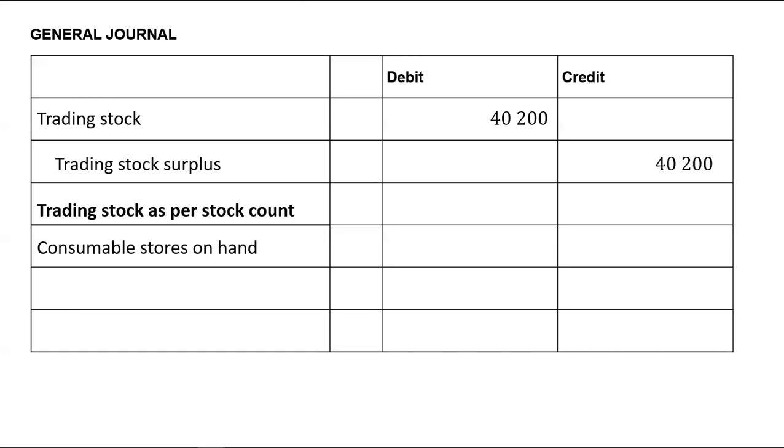You add the two, and only 20% of that was not used because they told you that 80% of that was used. It means 20% was not used, and it should make up 100% of the stationery that we had available for use. That's why we've got an asset which is created of 4,000, which is your consumable stores on hand.